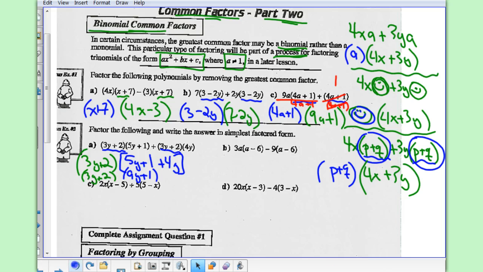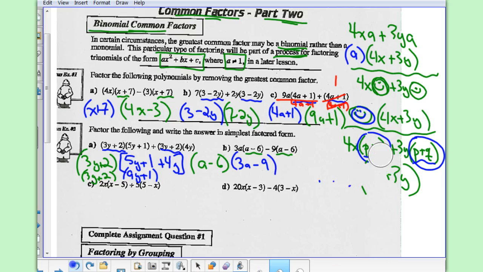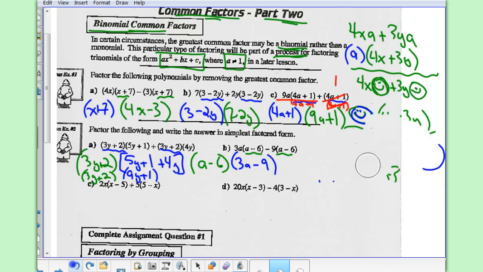In the second one, we look and we say, ooh, I can see the a minus 6. There's my common a minus 6. So I take my a minus 6 out, a minus 6, times bracket 3a minus 9. And we look and say, now the only thing is, if you look in the back of the book, you'll notice that that's not the final answer.